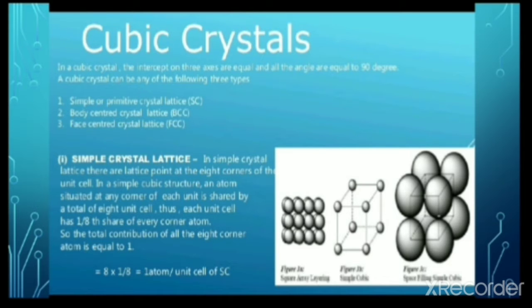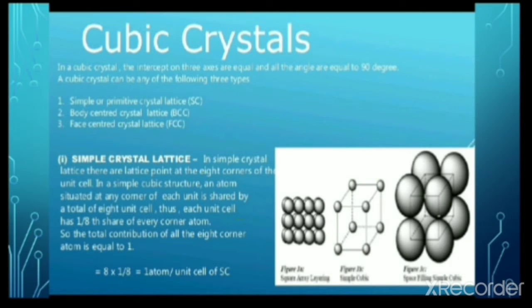In a simple cubic structure, an atom situated at any corner of each unit cell is shared by a total of 8 unit cells. Thus each unit cell has 1/8 share of every corner atom.